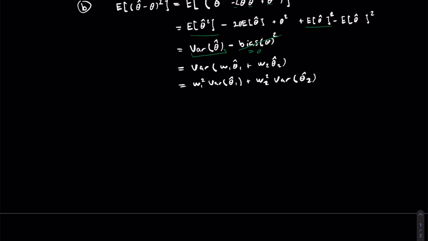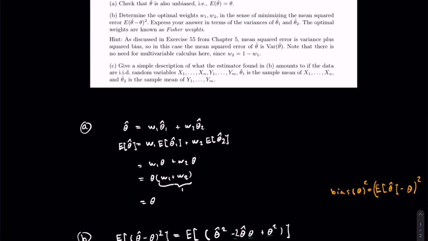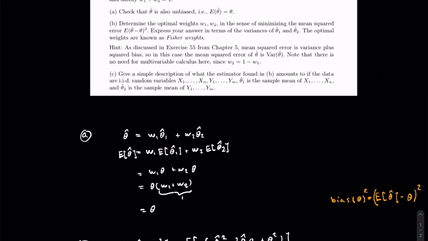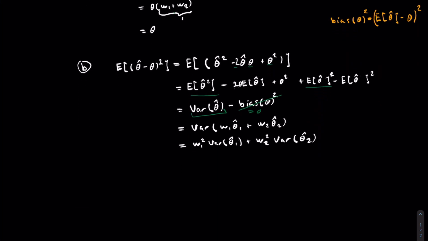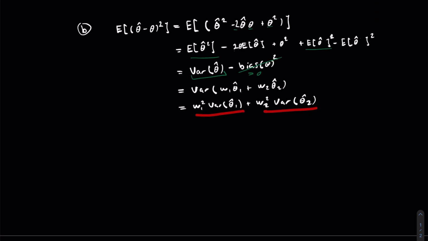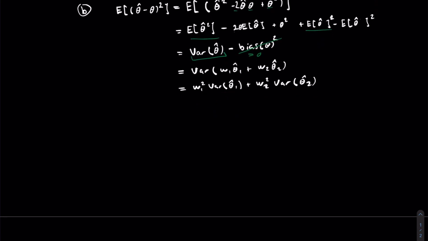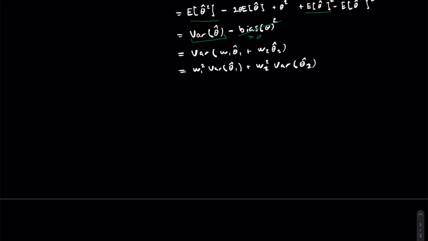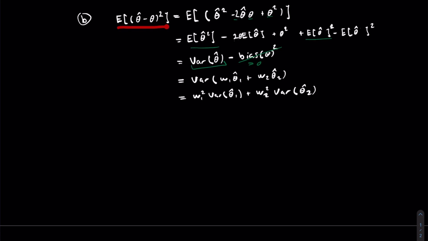Okay, so this is useful because we were asked to express this whole thing in terms of the variance of these things, and this is why I went 2 steps ahead here to express these terms. Okay, so in order to find the optimal weights, we want the mean squared error to be minimized, so as low as possible.